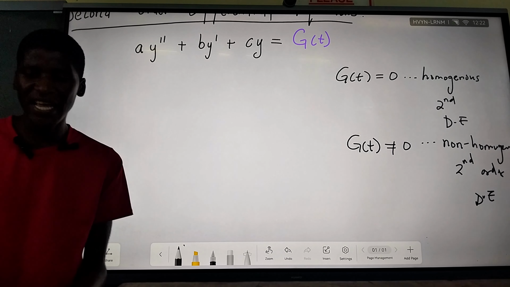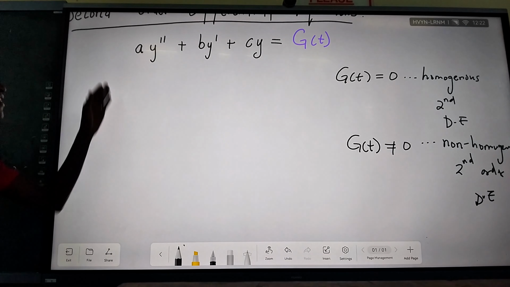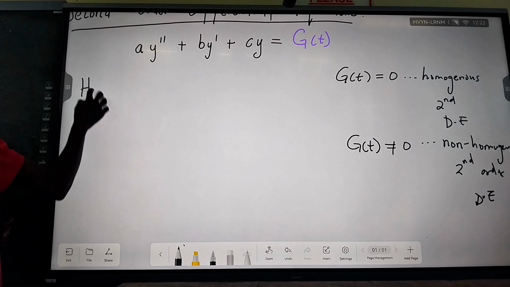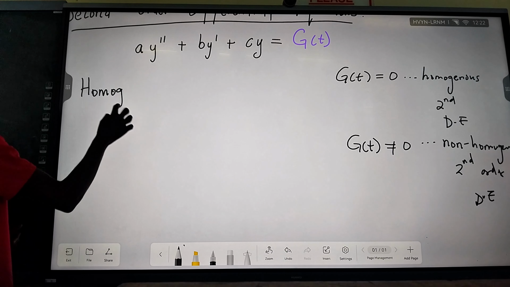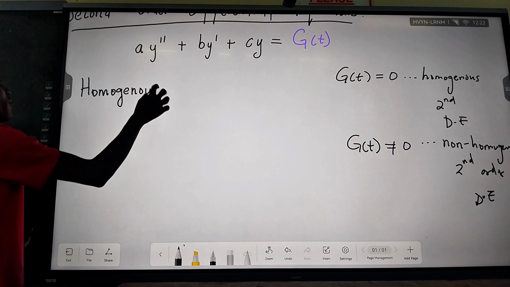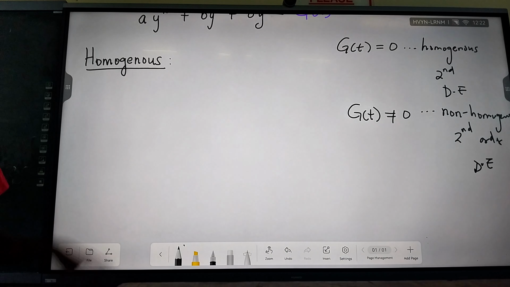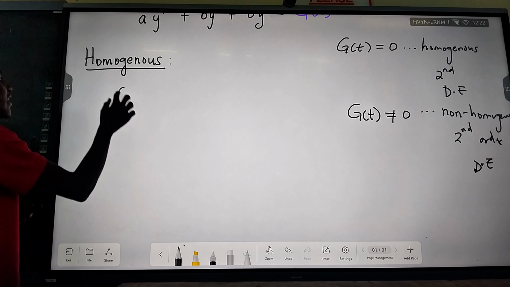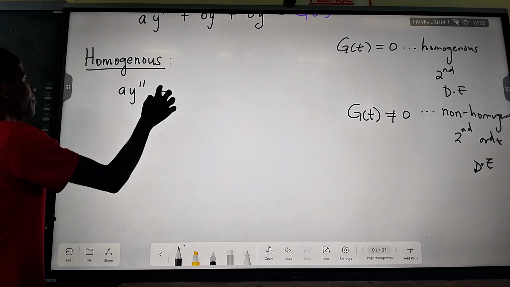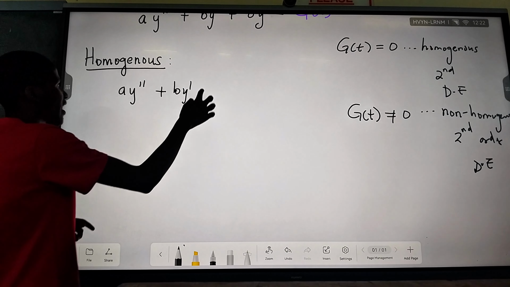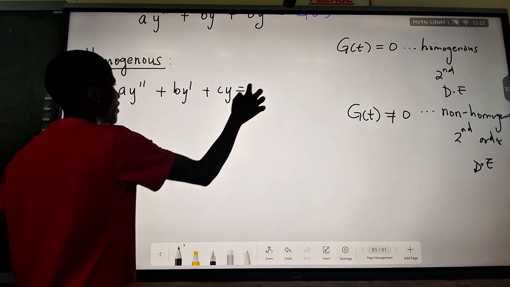Let's start with a homogeneous equation. When we start with the solution of a homogeneous second order differential equation, how do you find it? Let's take the form a y double prime plus b y prime plus c y is equal to 0.